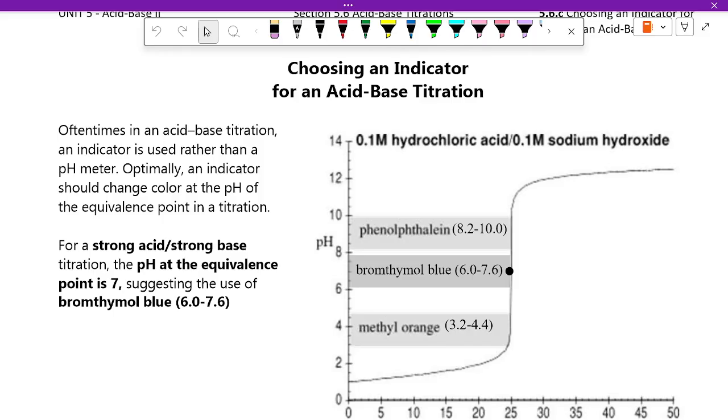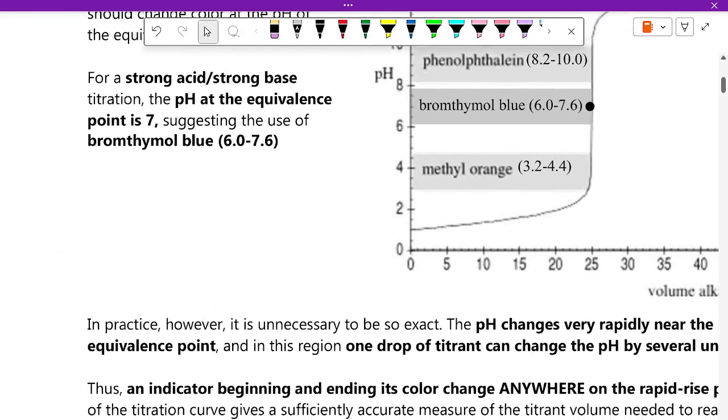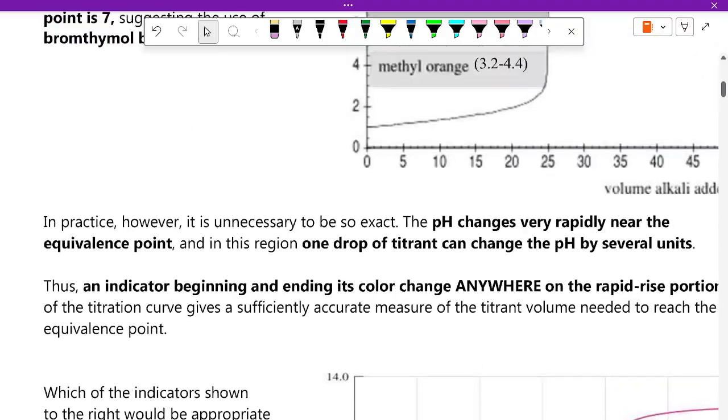So for this strong acid, strong base titration, in theory, we should pick something that changes color at pH 7. What indicator changes color at pH 7? Well, a good choice would be bromthymol blue, because it changes between pH 6.0 and 7.6. This is on page 106.